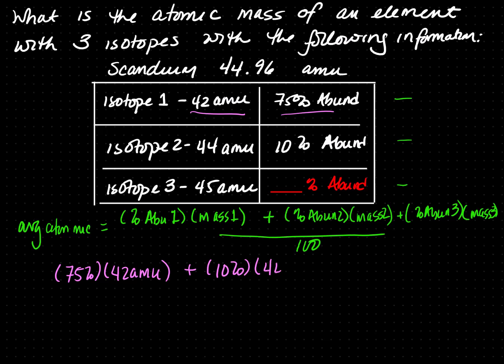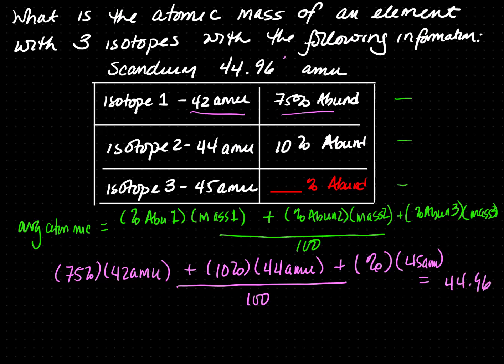And for the third isotope, we don't know the abundance, so we are looking for that percent times 45 AMU. Divide by 100, and this has to equal the atomic mass of 44.96 AMU because that is the mass given.